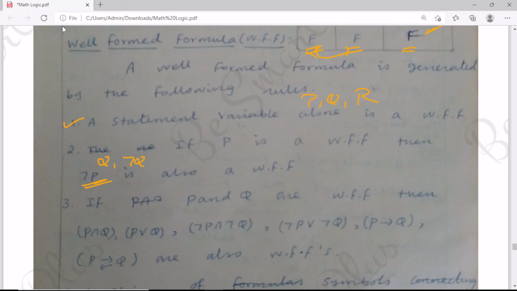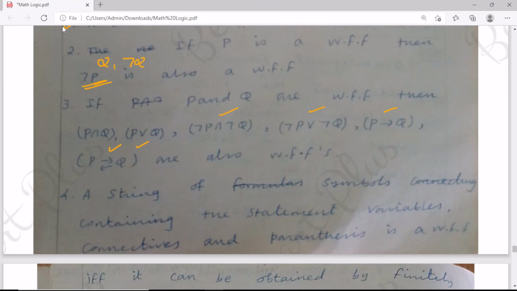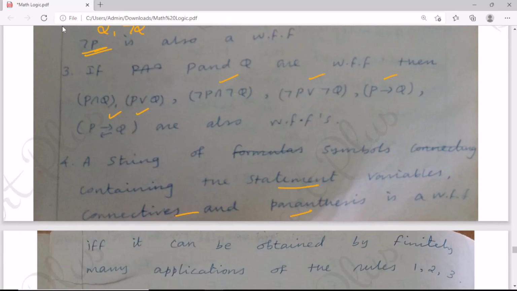If P and Q are well-formed formulas, then P and Q, P or Q, negation P and negation Q, and the different possibilities between P and Q using the conditional statement and biconditional statement are also well-formed formulas.